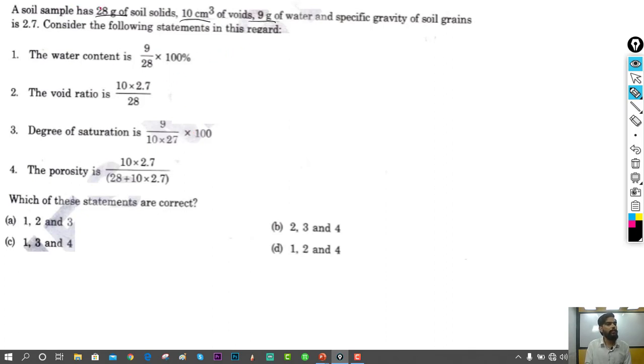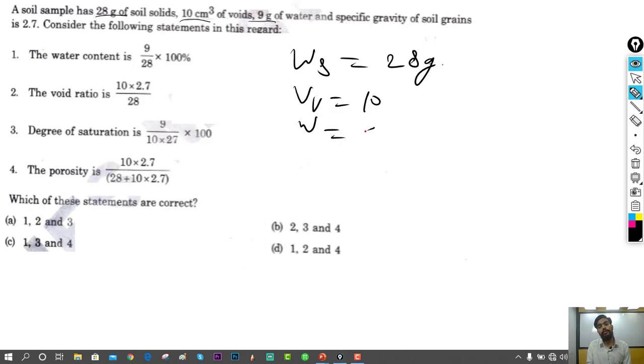A soil sample has 28 gram of solids, meaning the weight of solid is 28 gram, and 10 centimeter cube of voids means the volume of voids is 10, and 9 gram of water means the weight of water is 9 gram, and the specific gravity of the soil grain is G equals 2.7.